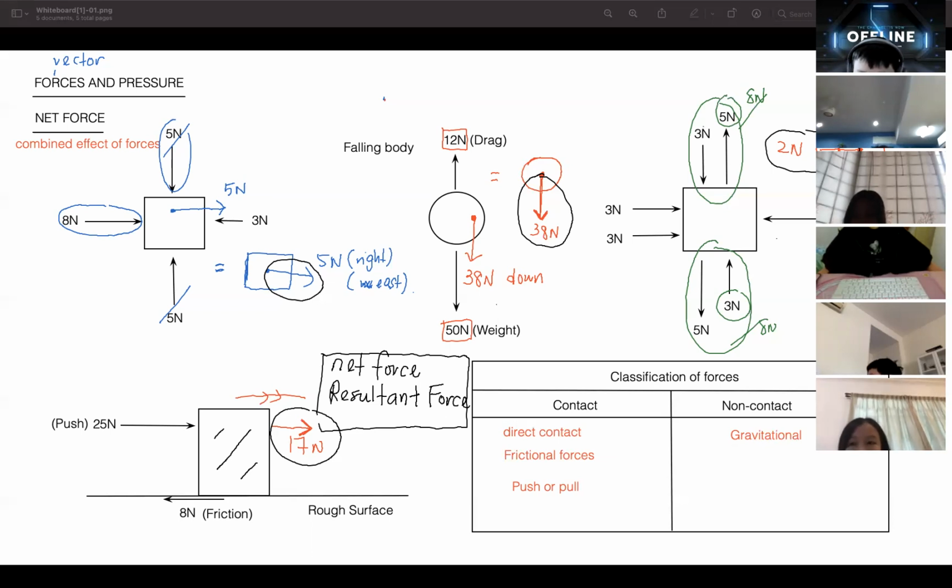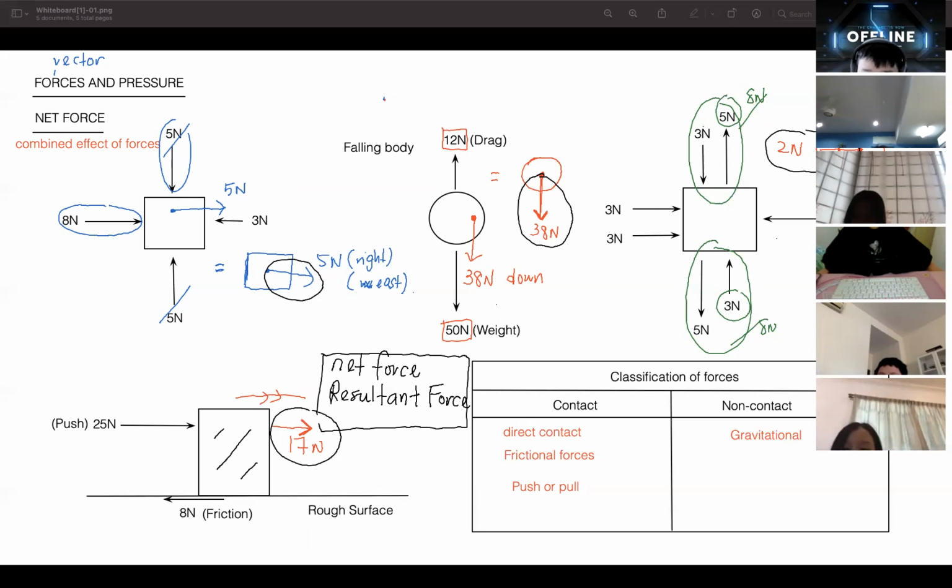Without touching it. And who is acting the force? The force is acted by the Earth. Whose field is this? The Earth's gravitational field. So the force created here is the Earth's force. It's acted by the Earth.